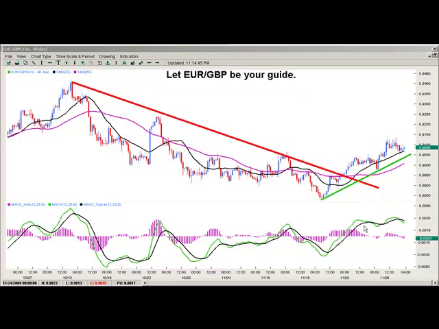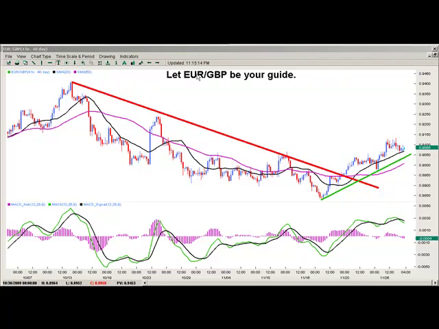A third way that we can tell is by the MACD. Generally speaking, when the MACD is holding above the zero line, and the zero line is this line that goes straight across right here, all the way across the whole scale, when these lines come above this zero level and they hold above it, you're better off taking an upward bias than a shorting bias.